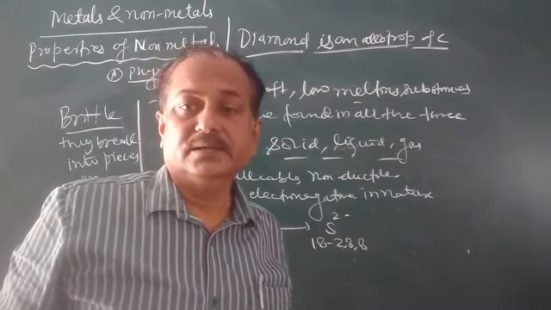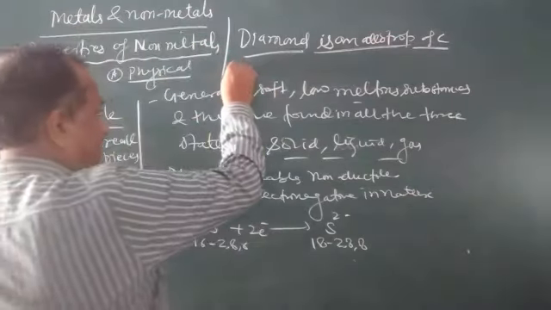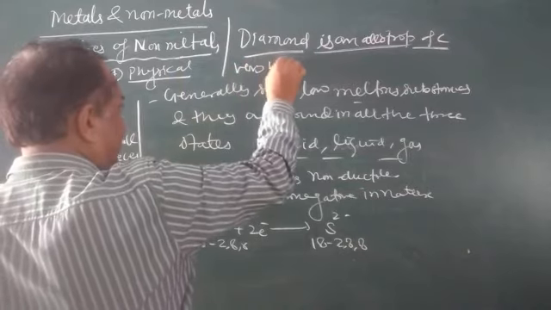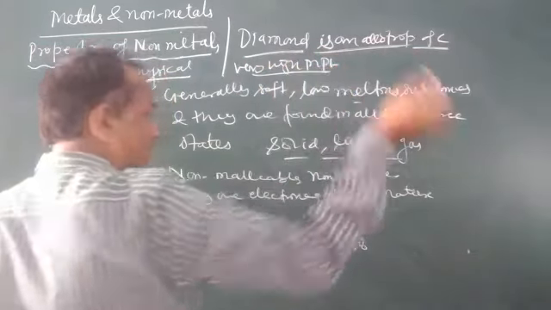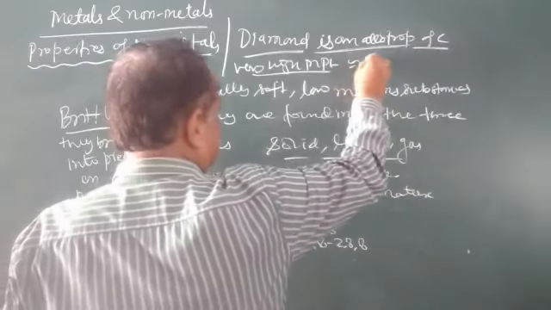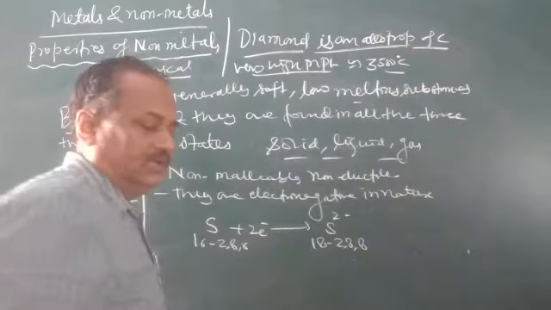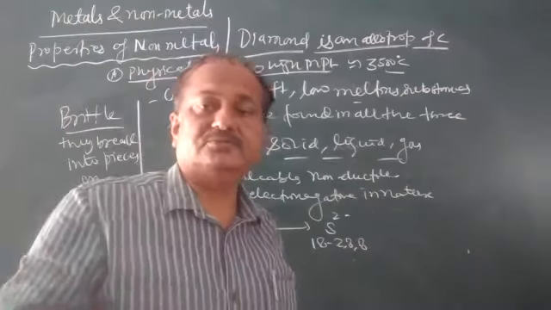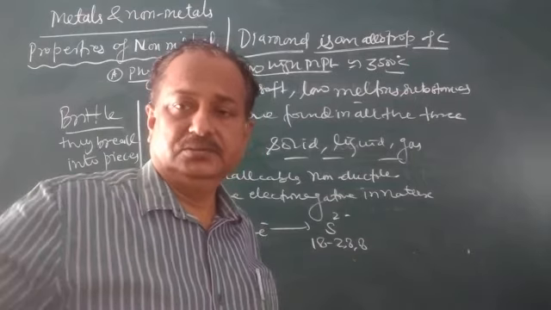Diamond has a very high melting point, around 3,500 degrees Celsius. So this is about the physical properties of the metals and the non-metals.